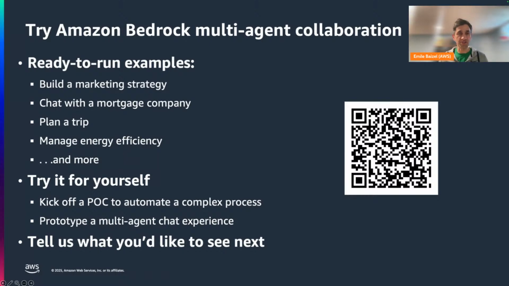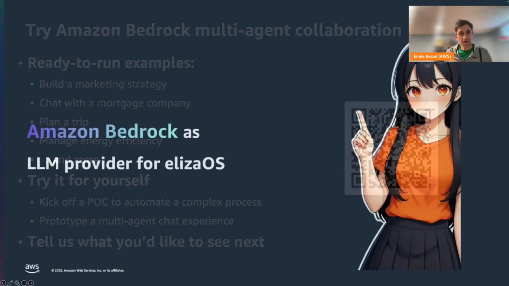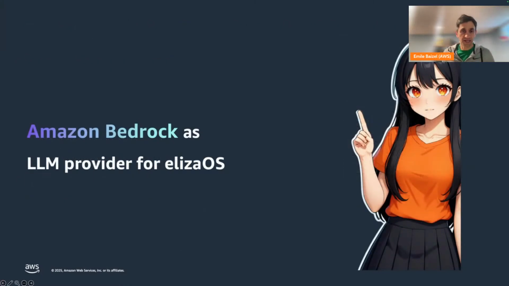Building a marketing strategy, chatting with a mortgage company, planning a trip, other things like that, if that's something that is of interest. And we recently integrated into Eliza OS. So if any of you are interested in building agents with Eliza OS, you can use Bedrock as your LLM inference provider with any of the providers which I mentioned earlier in the talk there.